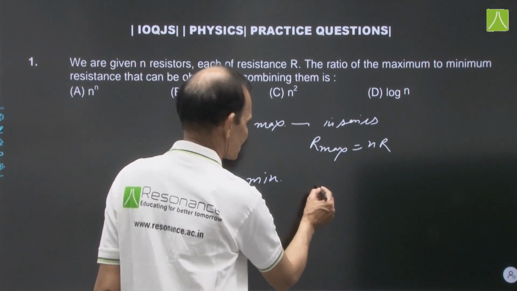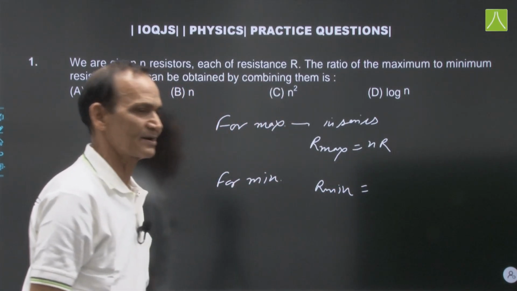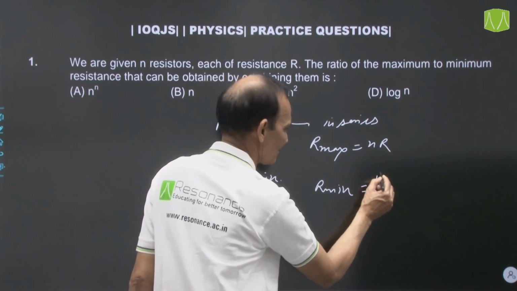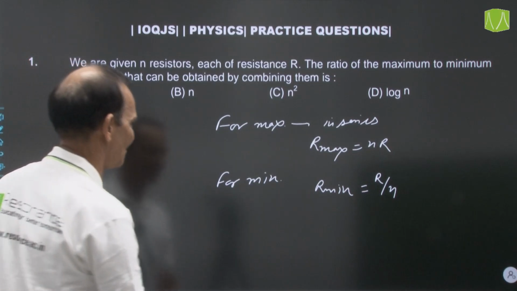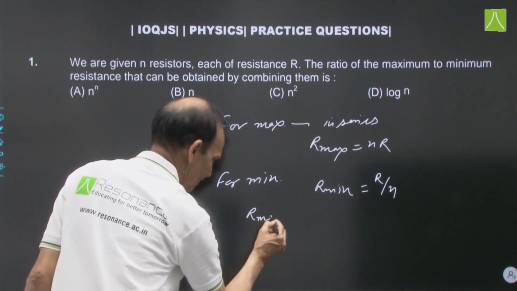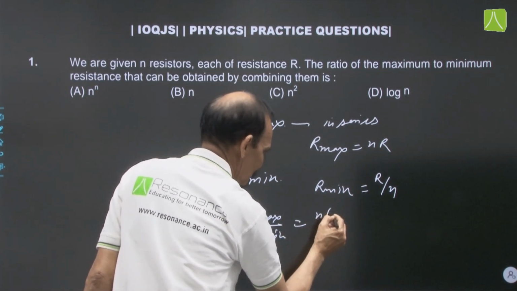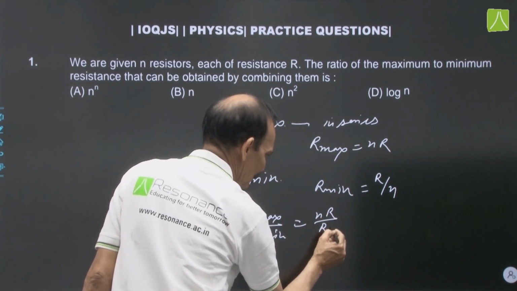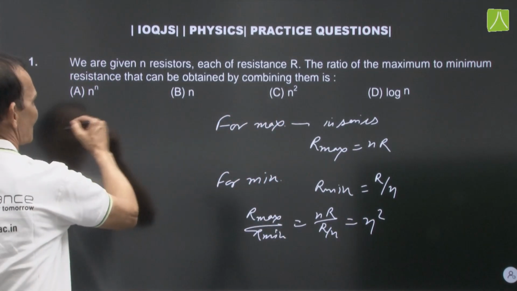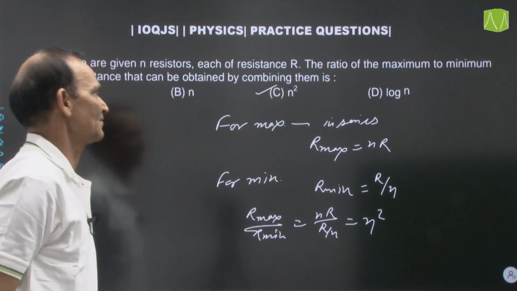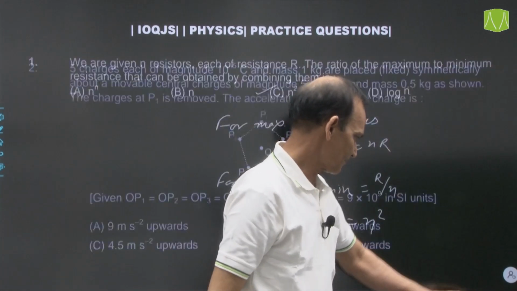So minimum resistance R minimum will be, N resistances are connected in parallel, so it is R by N. You have to find the ratio of R maximum and R minimum, that is NR divided by R by N, that is N square. So the correct answer is C. It's the first question. Okay, now the second question.